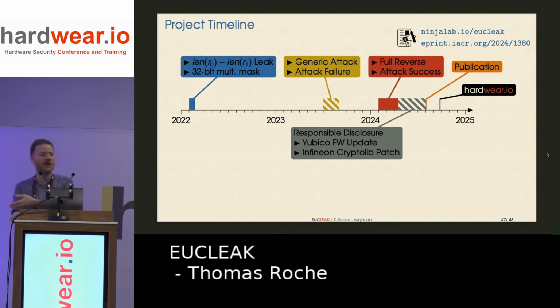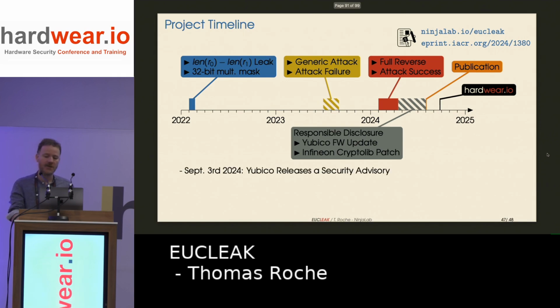And now we are at hardwear.io, almost 2 months after that. So what happened between the publication and now? Yubico released a security advisory right after our publication, listing all the products and all the firmware versions that are affected, and even more than we actually envisioned, and what the mitigations are and so on.